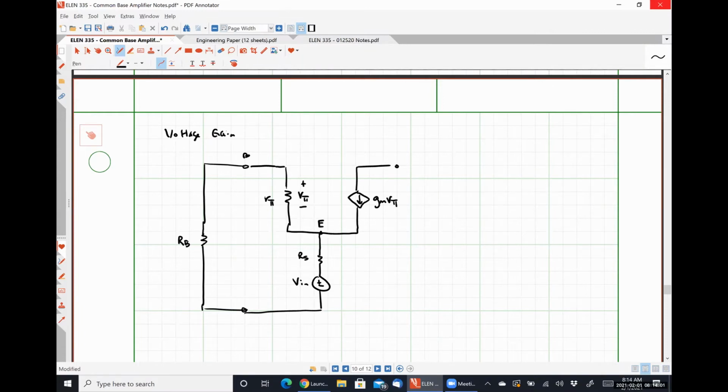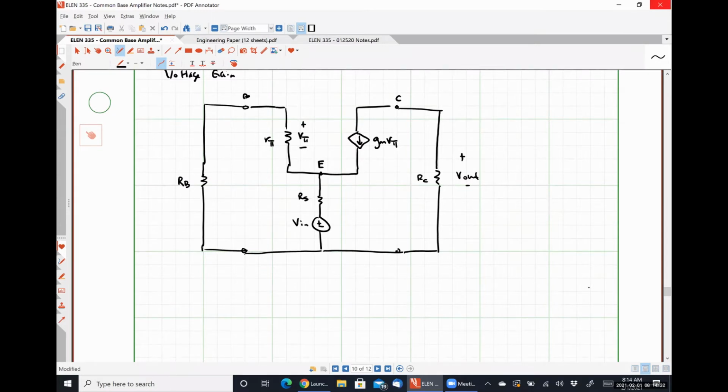And between our collector terminal and ground, we have our resistance RC. And we're taking our output at the collector, so that means here is the out.